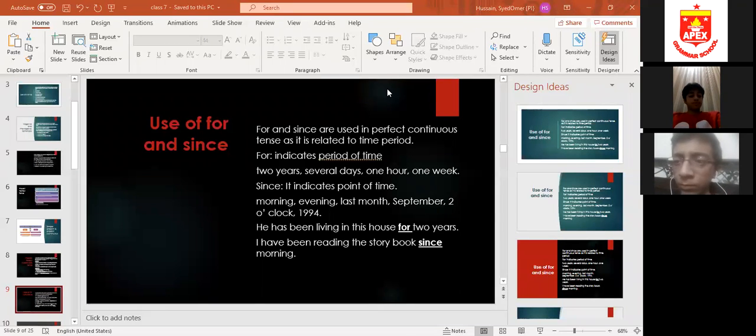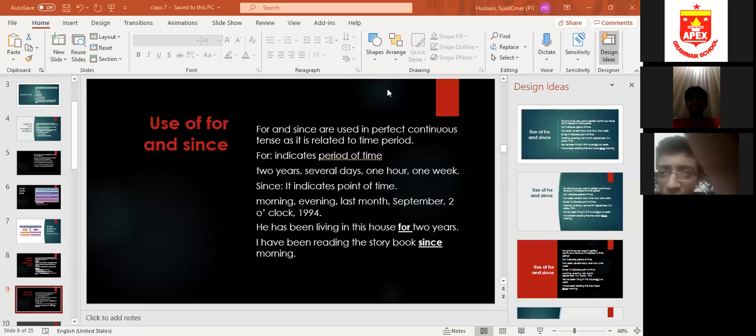In simple present, we use the base verb. Simple present tells about our daily routine, our habits, universal truth, newspaper headlines. If we want to write them, we use simple present tense. In simple present tense, we put the base verb with s or es only with the singular subject and not with the plural subject.